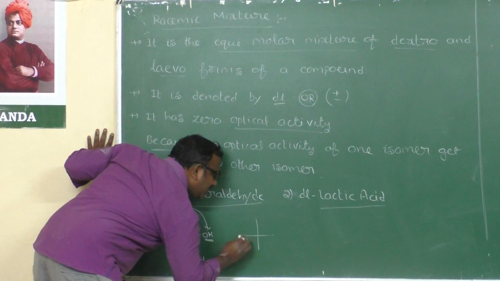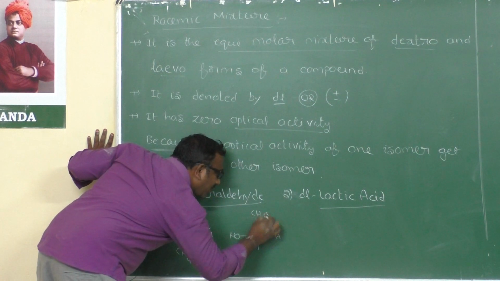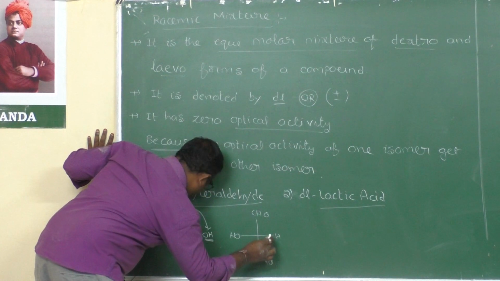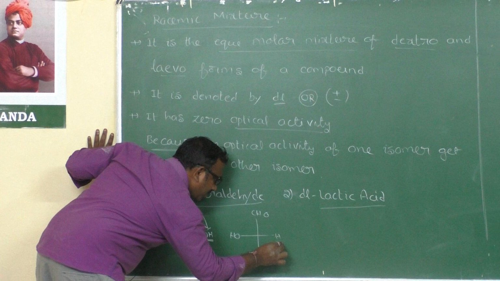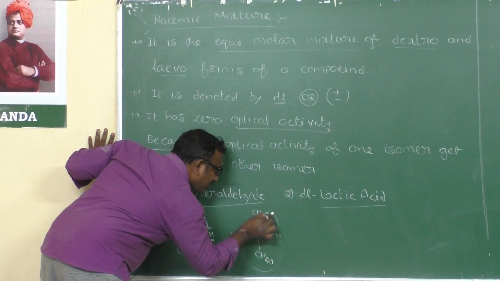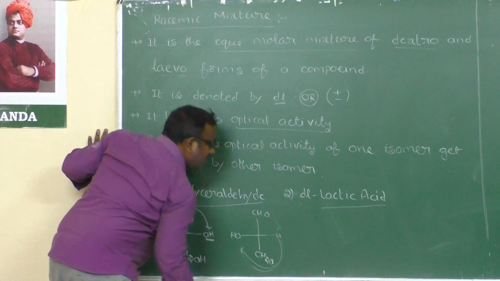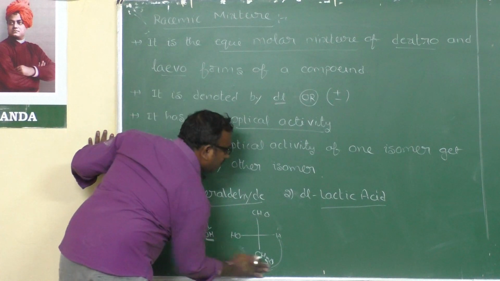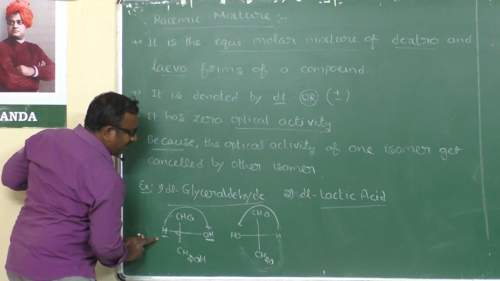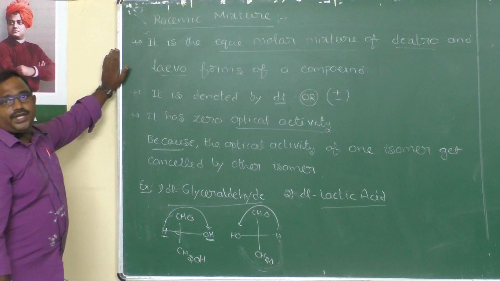Whereas in the case of L-glyceraldehyde, rotation is in an anti-clockwise direction. So the optical activity of one isomer gets cancelled by the optical activity of the other isomer.